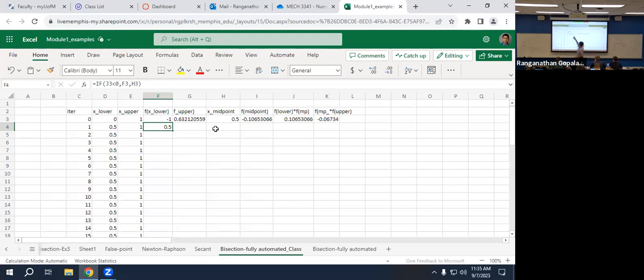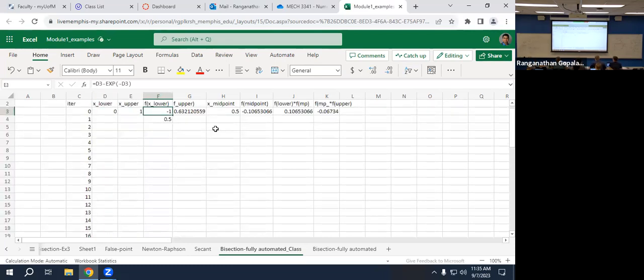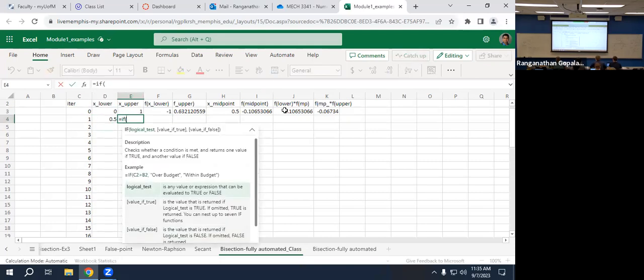And what about the upper value? Actually, I should have put it here. Sorry. And what is the upper value if J3 were negative? If J3 were negative, the upper value is the midpoint.